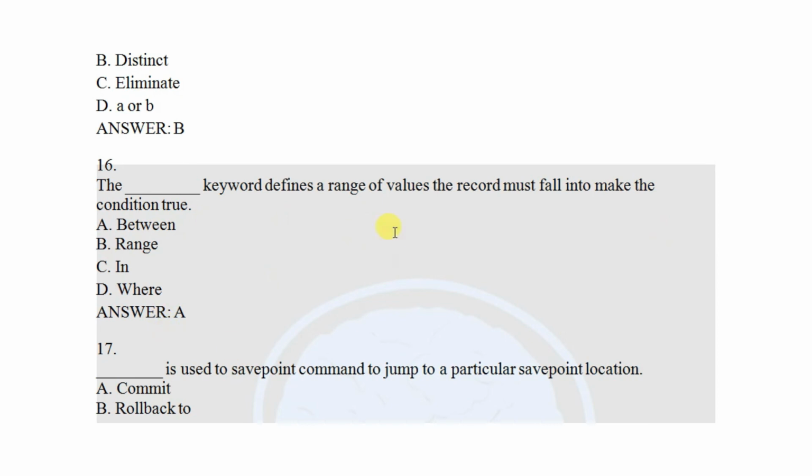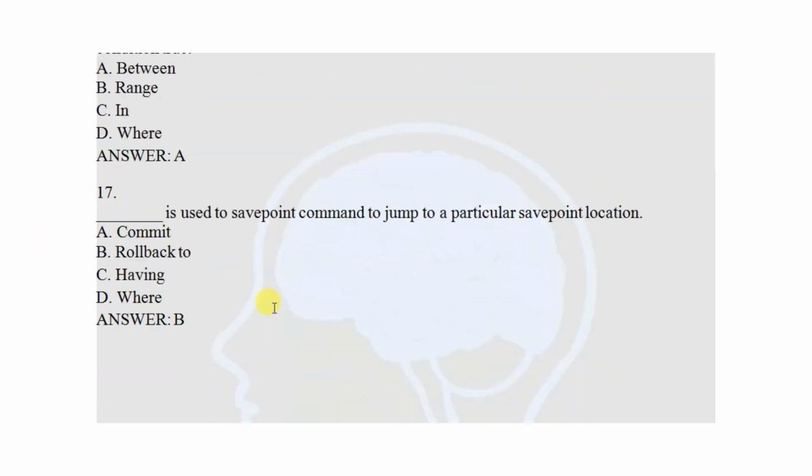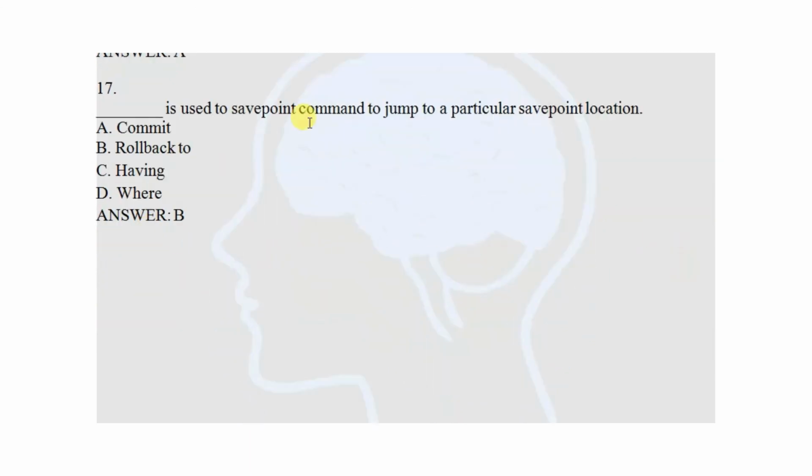Your answer is option A. Between. So, the between keyword defines a range of values the record must fall into make the condition true. Question number 17. Dash is used to save point command to jump to a particular save point location. Your answer is option B. Rollback 2. So rollback 2 is used to save point command to jump to a particular save point location.